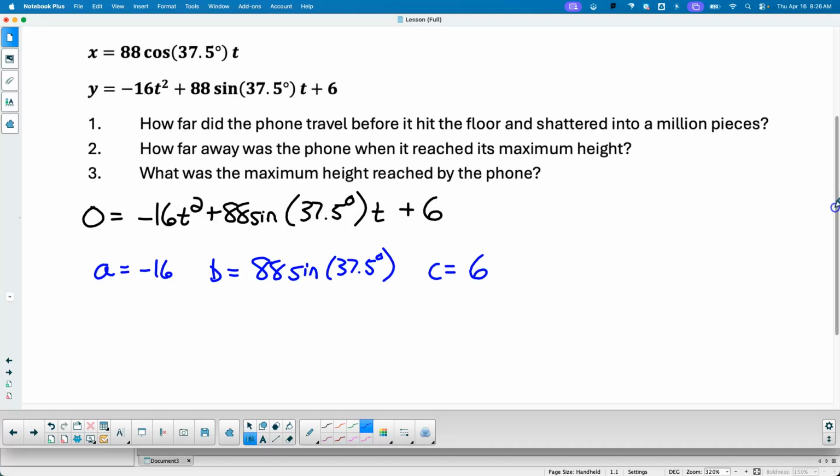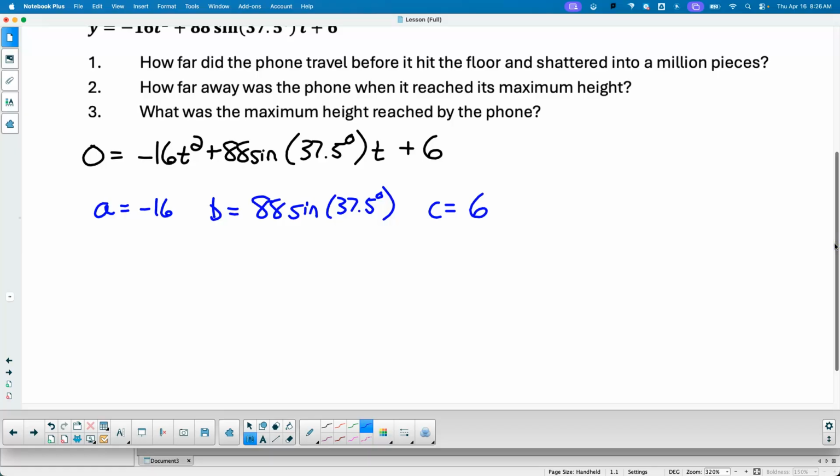I'm going to plug all 3 of those into t equals the opposite of b plus or minus the square root of, I almost said 4b squared, but it's b squared minus 4ac all over 2a.